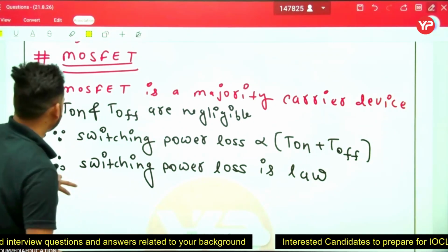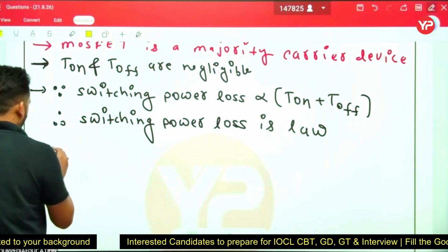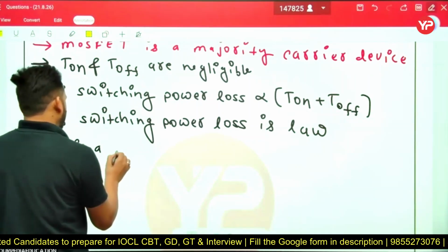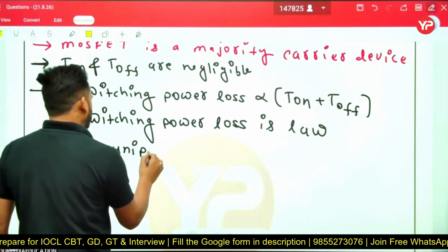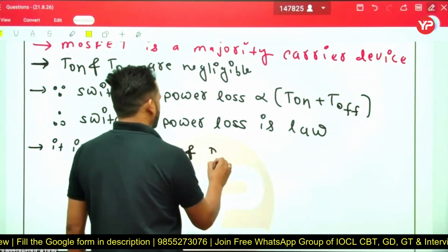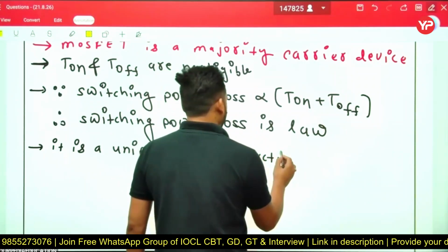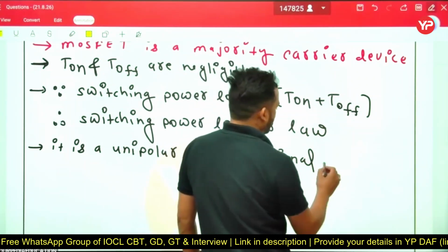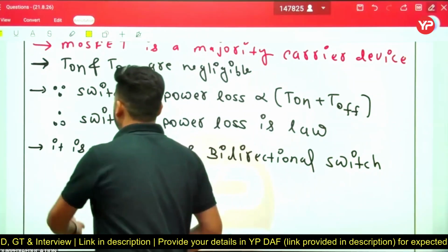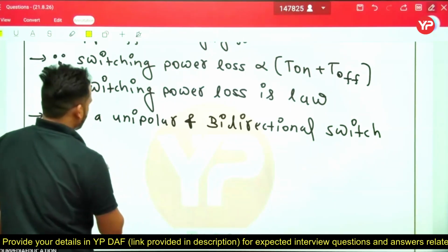Next, MOSFET is a unipolar and bidirectional switch.